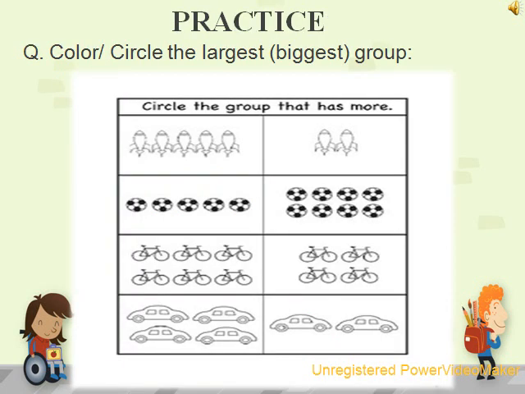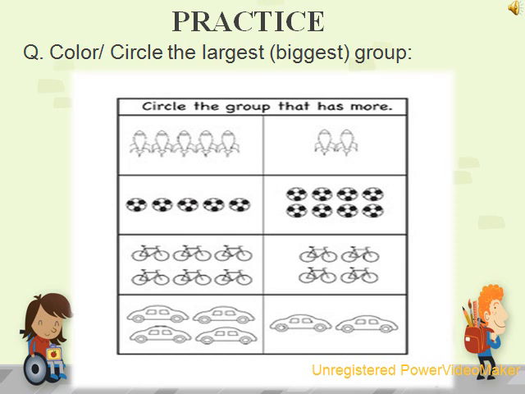In this worksheet, we will color or circle the largest or the biggest group. On left hand side are some tools and right hand side are some other tools. We will count the numbers.